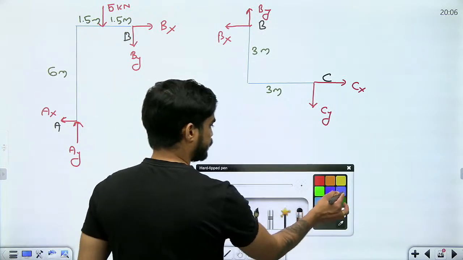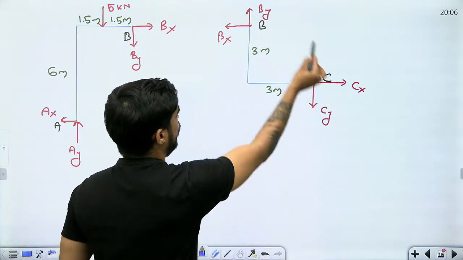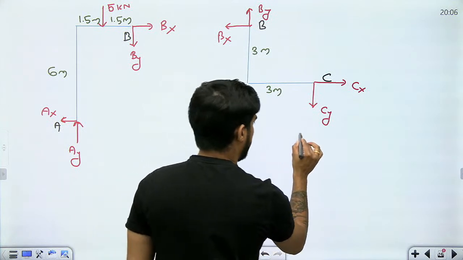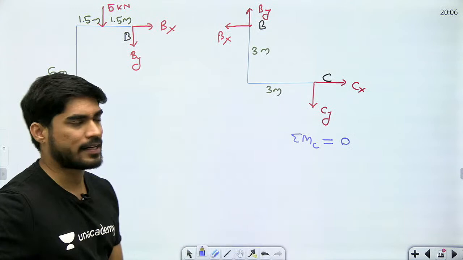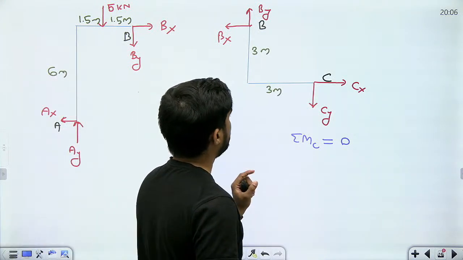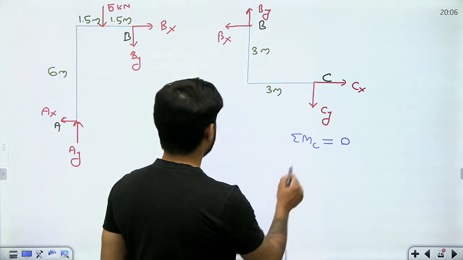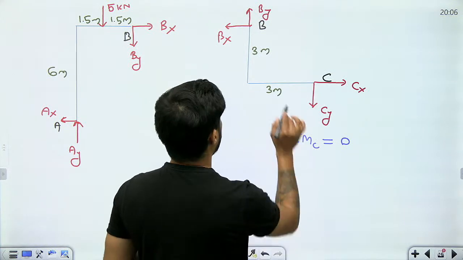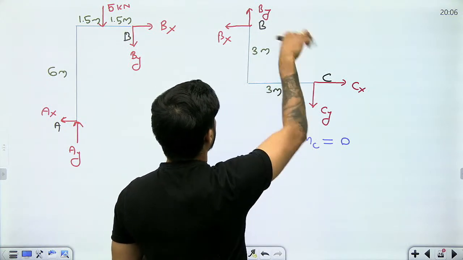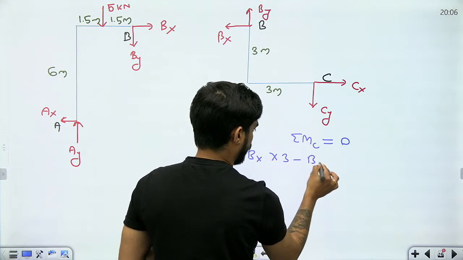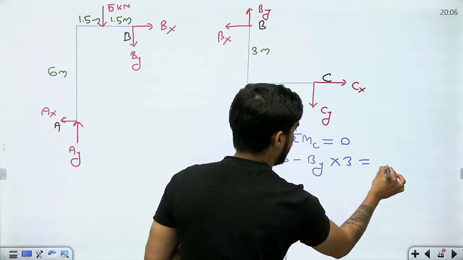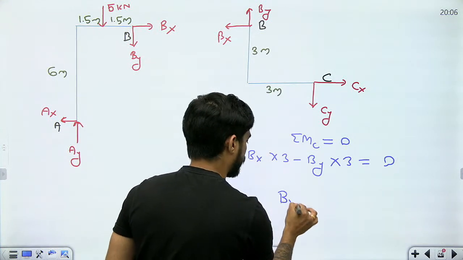So let's go, first of all I will solve this FBD. Let's take moment at point C. If I take moment at point C, what am I going to get? Bx into 3 minus By into 3 equals to 0.